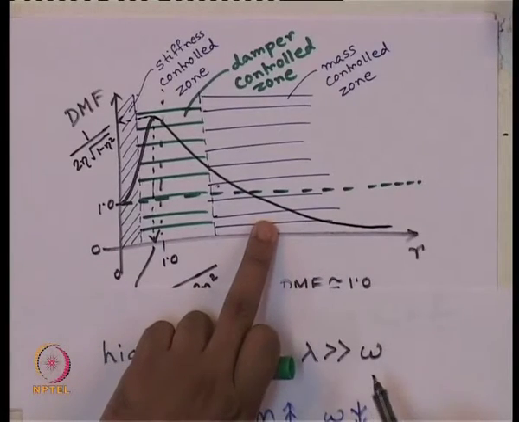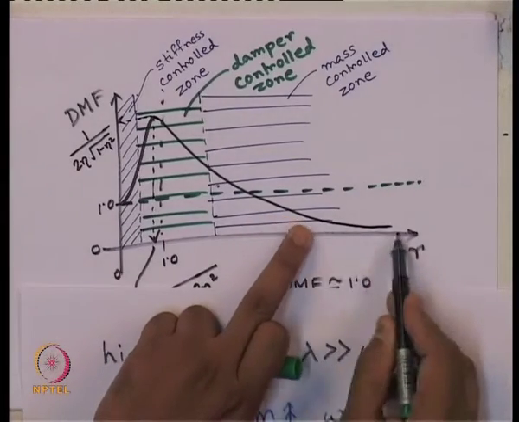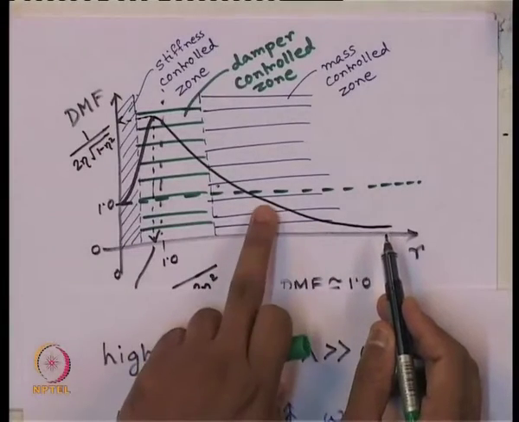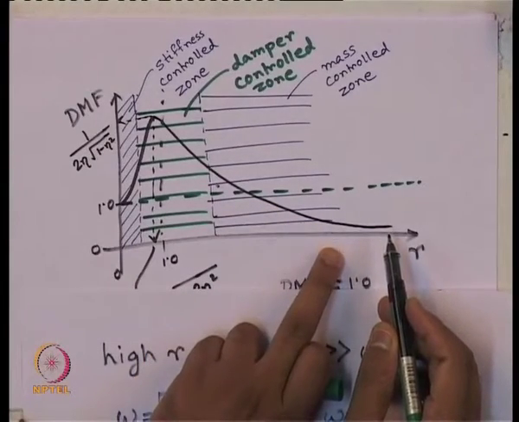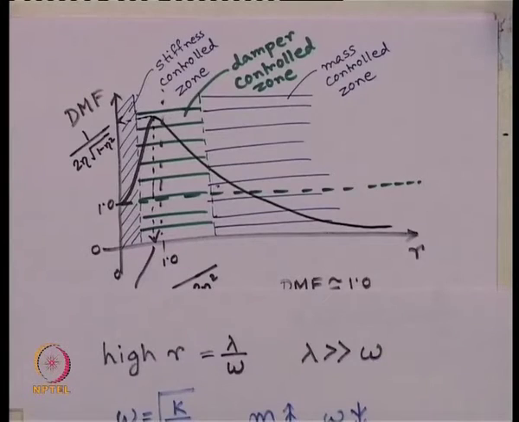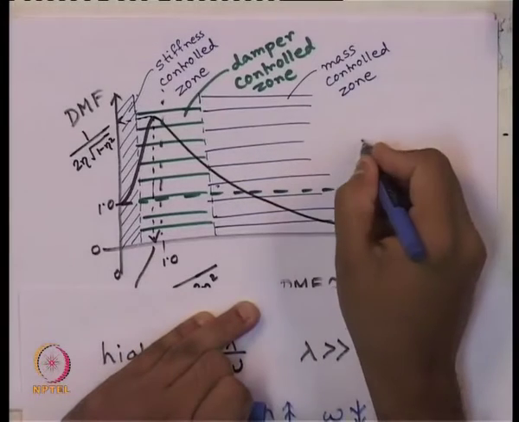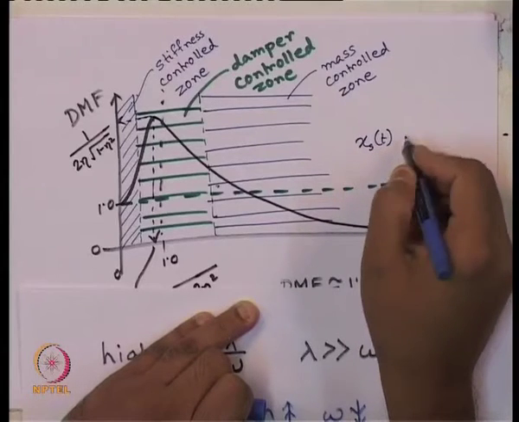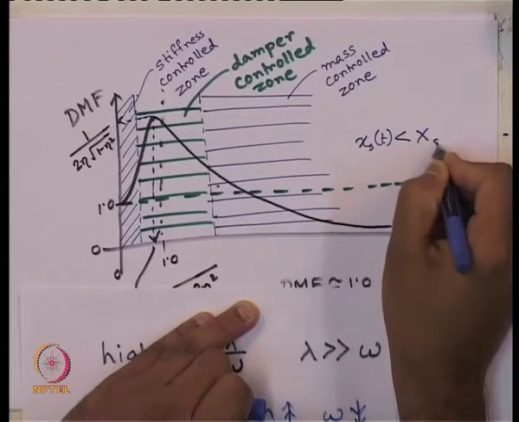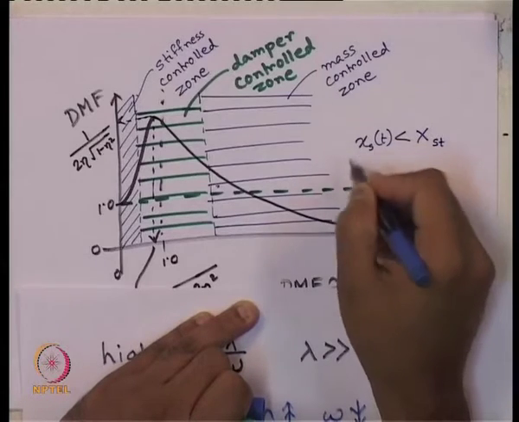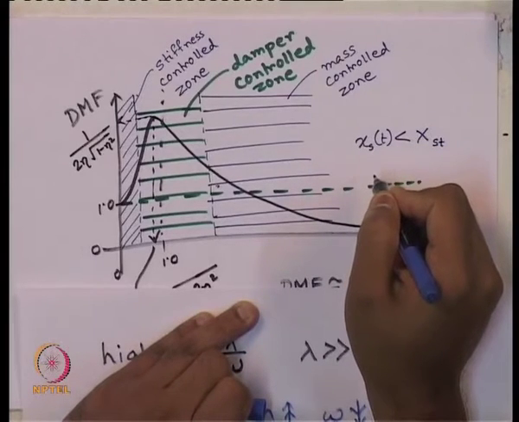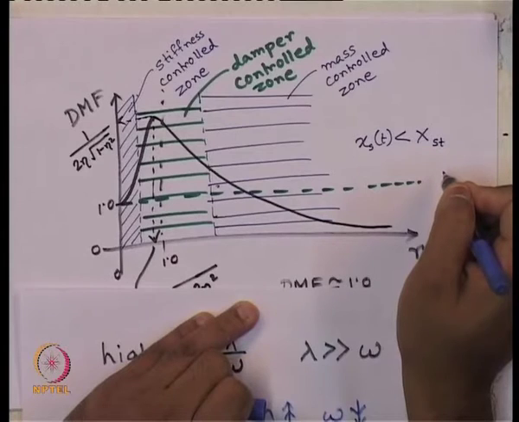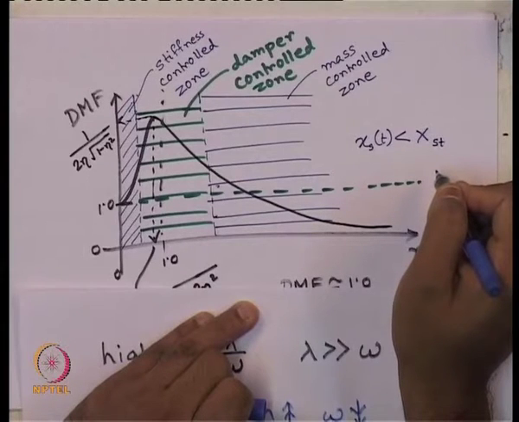Look here. At a very high value of R, DMF is less than 1, and what does DMF less than 1 mean to us? DMF less than 1 means our steady state displacement is less than the static displacement. So, the dynamic displacement you are getting is lesser than the static displacement.